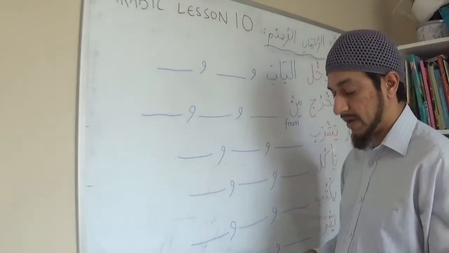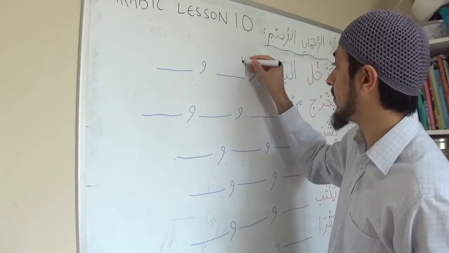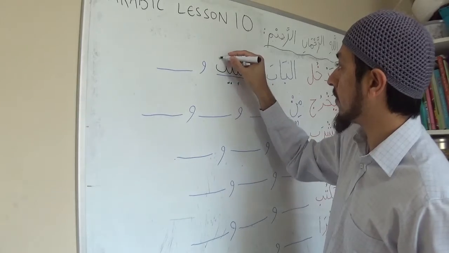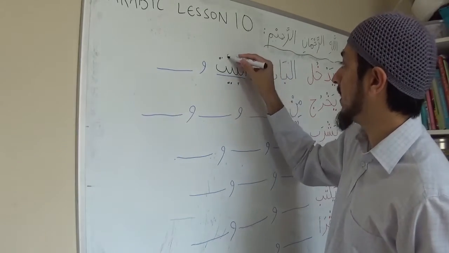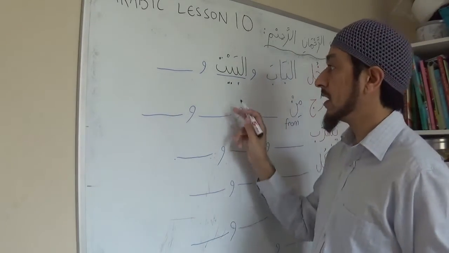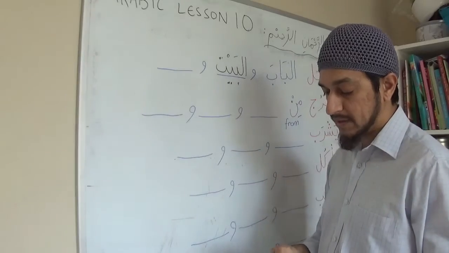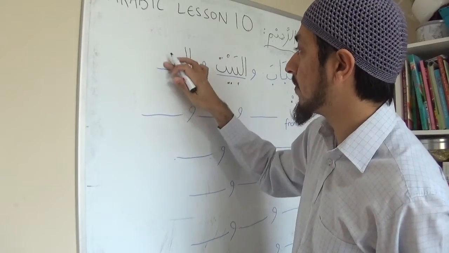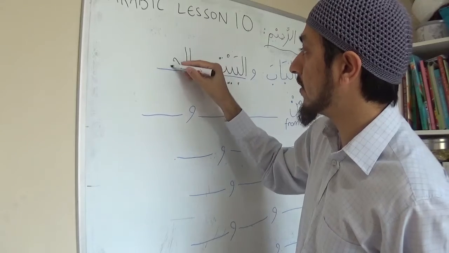From the other words we had was al-bayt. Al-bayt, he's entering the house. Wa al-khayma, he's entering the tent.